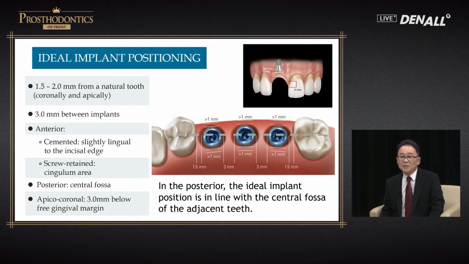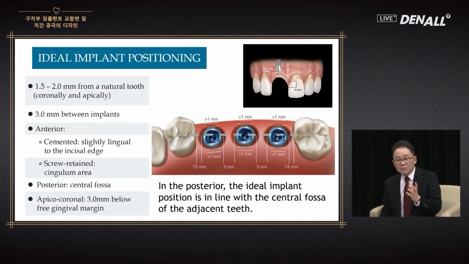Things to consider for the posterior implant occlusal plane. This seems off topic, but I need to talk about implant positioning. In the posterior, the ideal implant position would lead to the ideal occlusal plane and embrasure space design. But it's not that easy to do that.